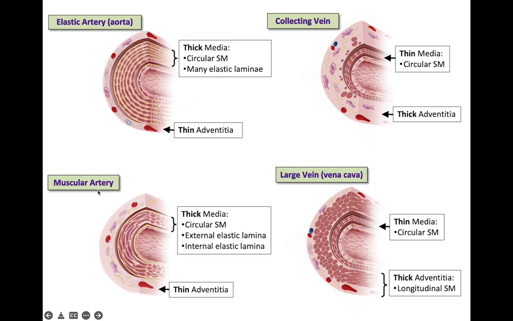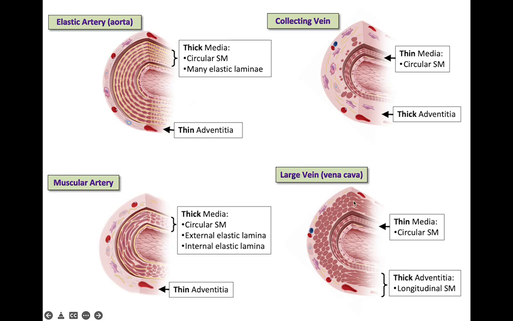Similarly, a muscular artery also contains a thick tunica media with circularly arranged smooth muscles and elastic fibers and external elastic lamina. And the adventitia is thin in muscular artery.